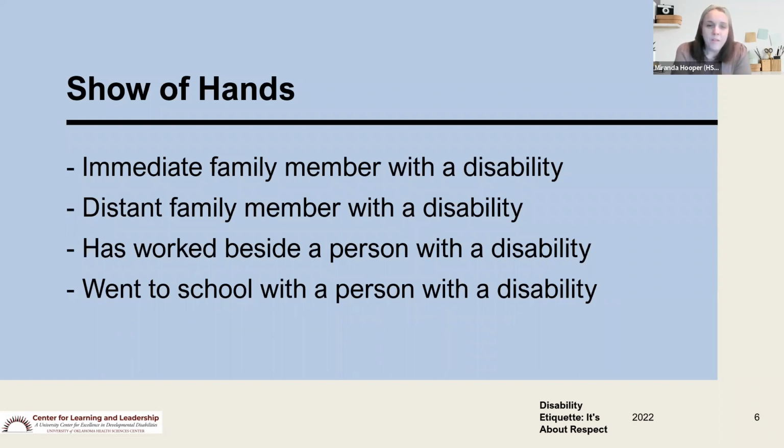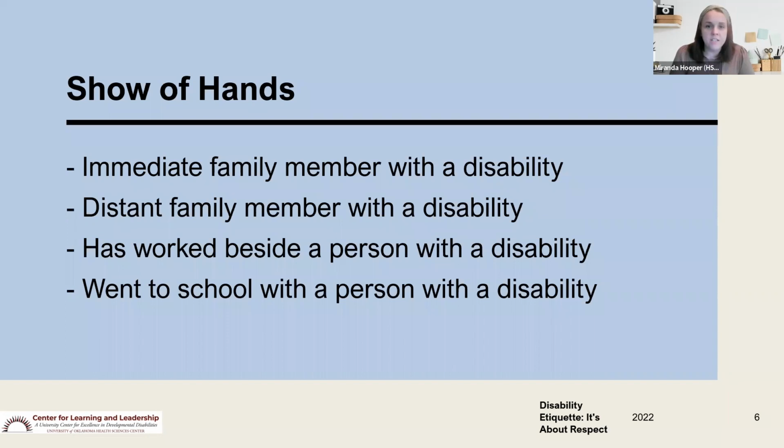How about whether you have worked beside a person with a disability? And have any of you ever gone to school with a person with a disability? As we're going through this training, there's no right or wrong answer to that.